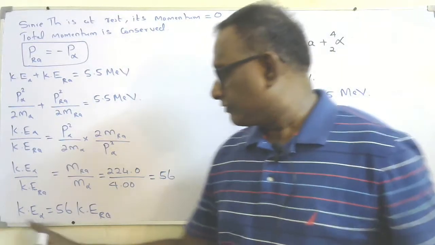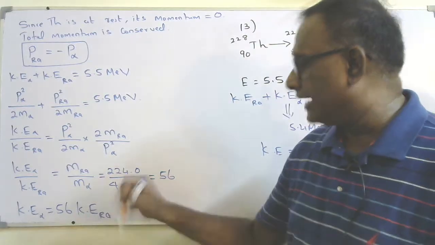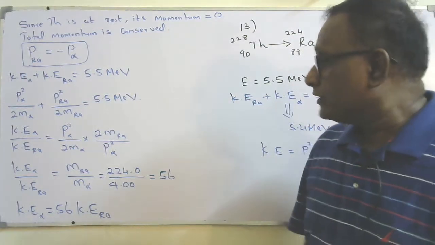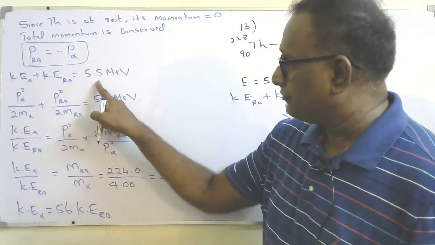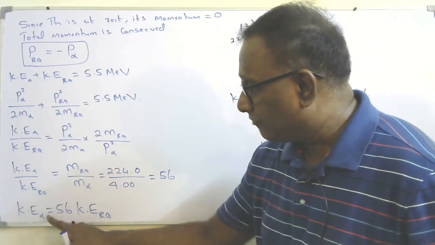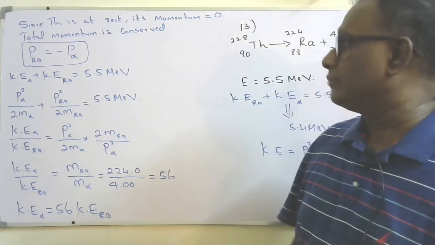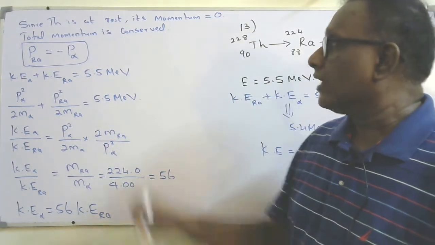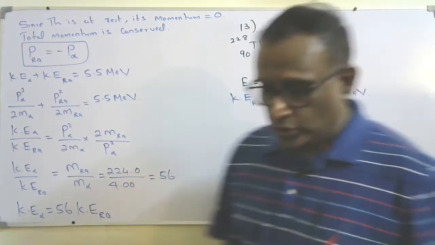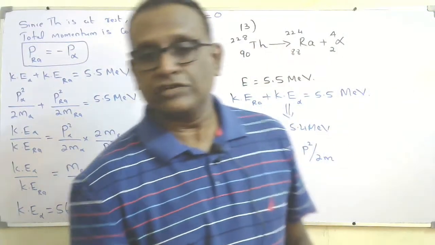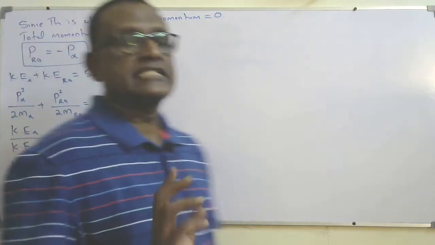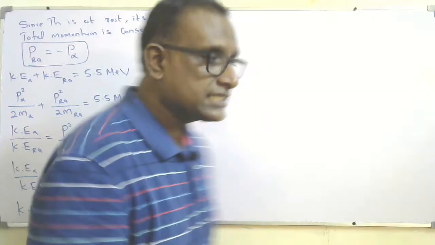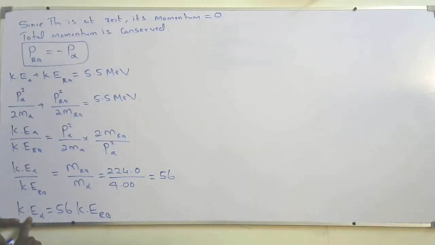We know that the kinetic energy of alpha plus the kinetic energy of radium is 5.5, so the kinetic energy is divided across alpha and radium in the ratio 56 to 1, right? Alpha will have 56 times the kinetic energy of radium.